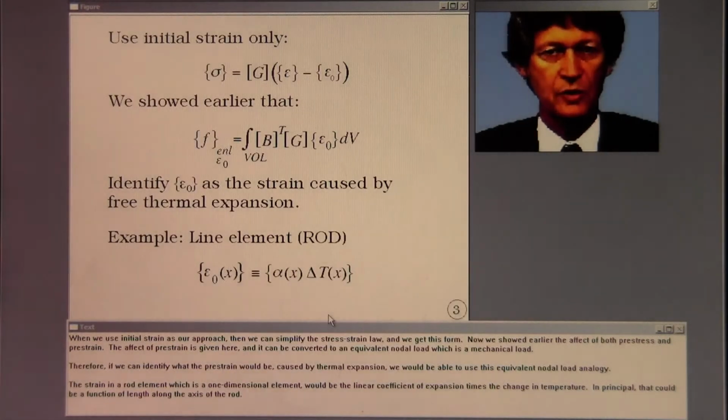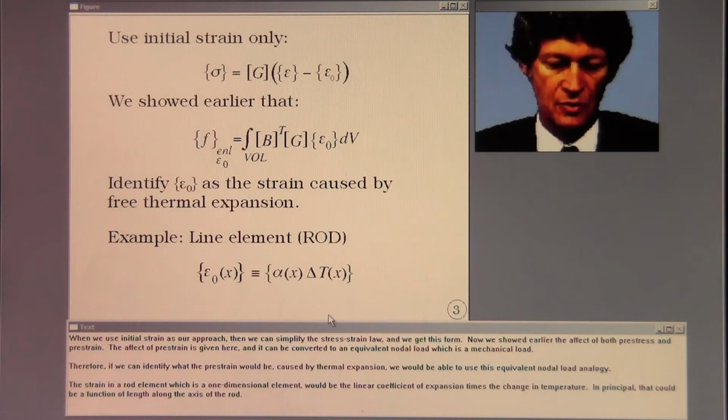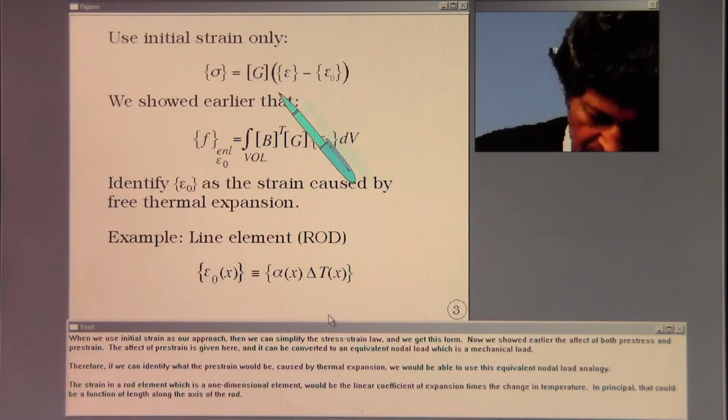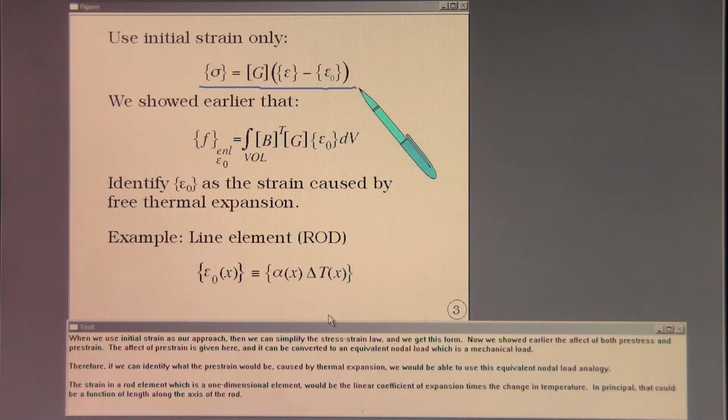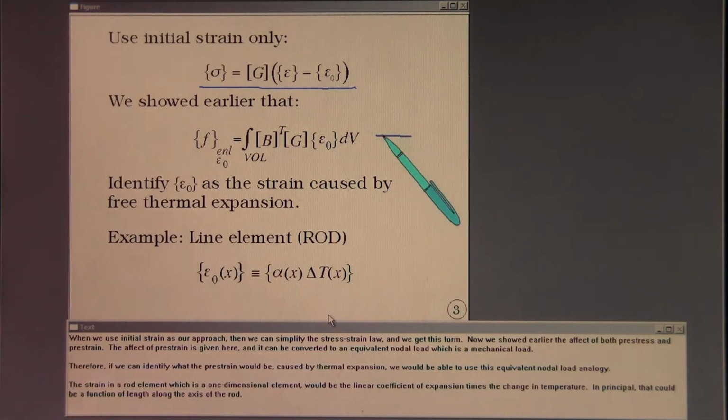When we use initial strain as our approach, then we can simplify the stress-strain law, and we get this form. Now, we showed earlier the effect of both pre-stress and pre-strain. The effect of pre-strain is given here, and it can be converted to an equivalent nodal load, which is a mechanical load.